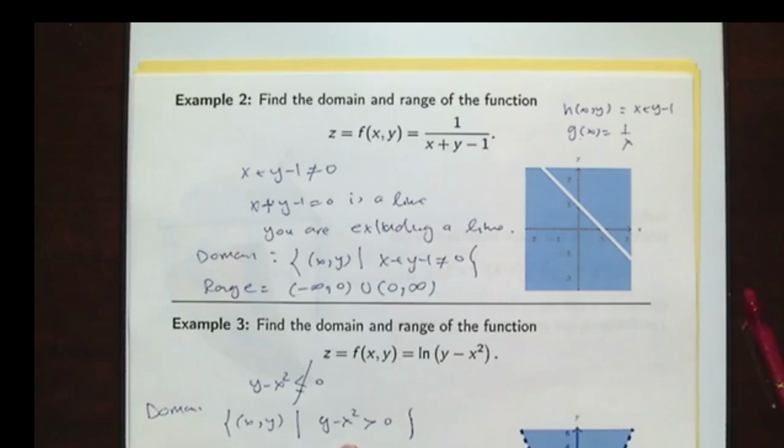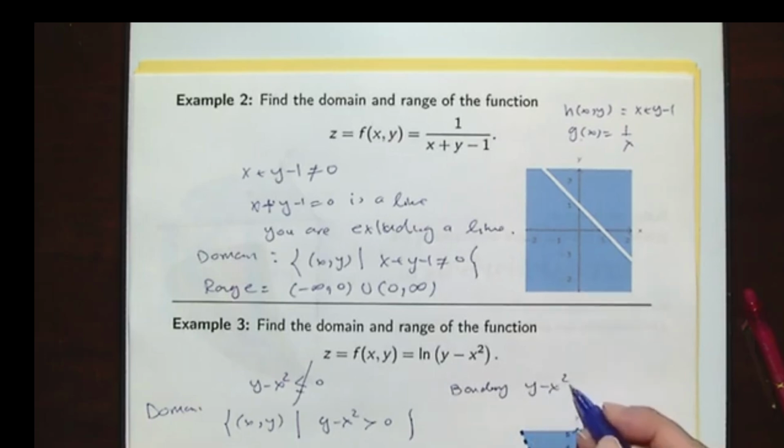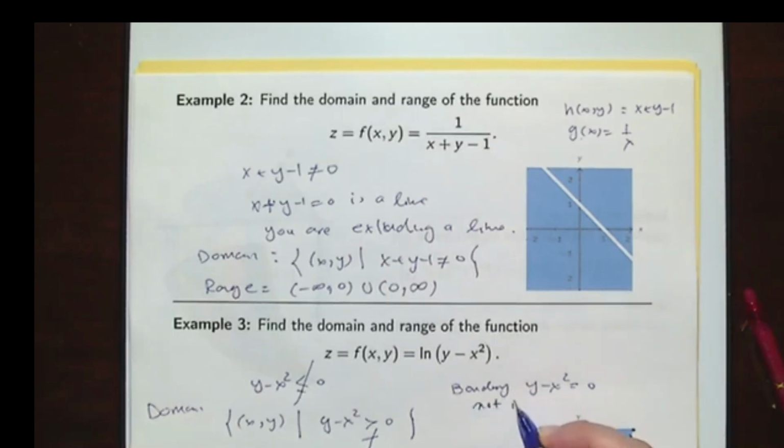When I draw this, the boundary is y minus x squared equal to 0. Is the boundary included in the solution? No. Why is it not included? ln of 0 is undefined. This is not an equal sign. Not equal. Right? So this boundary is not included.